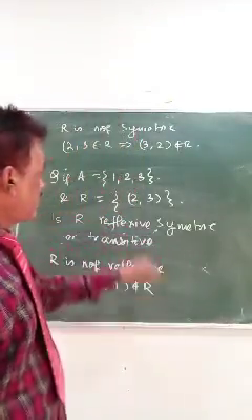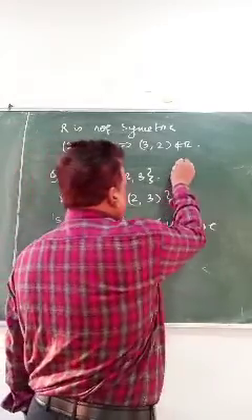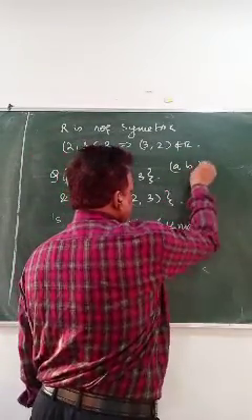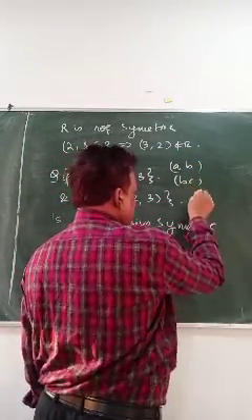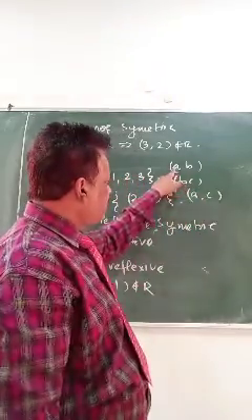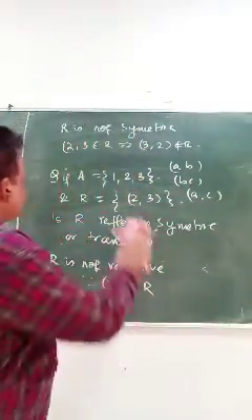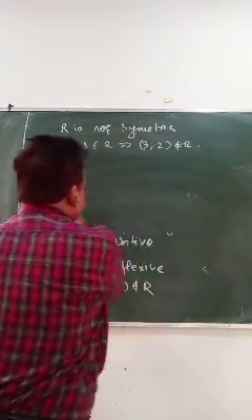Then, why not transitive? For transitivity, you need (a, b), (b, c), (a, c). That means you should have minimum 3 elements for this.